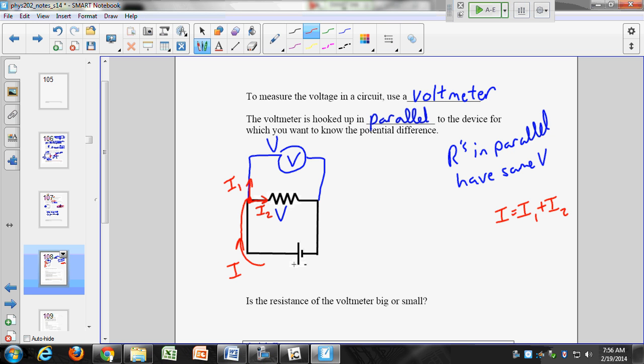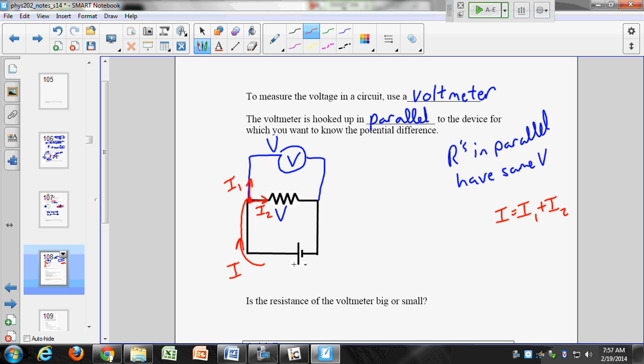If I have this current that comes up through here, it's going to split into two pieces. I can't just lose current, right? So the sum of these two currents has to equal this current. That's true for a water pipe too, right? When water comes in and it splits into two pipes, the sum of the water leaving the two pipes has to equal the water going into the pipe. That's from the conservation of which law? Mass, the conservation of matter, or mass.